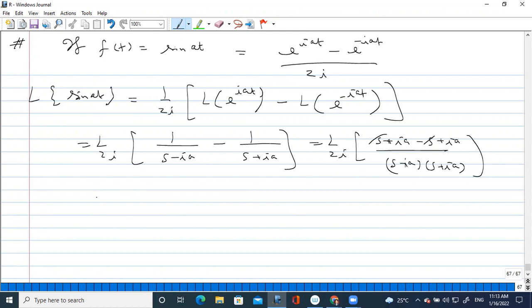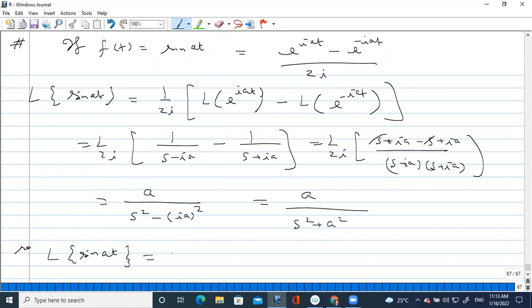So only a is remaining. So it will be a divided by s square minus (ia) whole square. Now i square will give you minus, minus minus will become plus. So it will become a divided by s square plus a square. So Laplace of sin(at) will be a by s square plus a square.